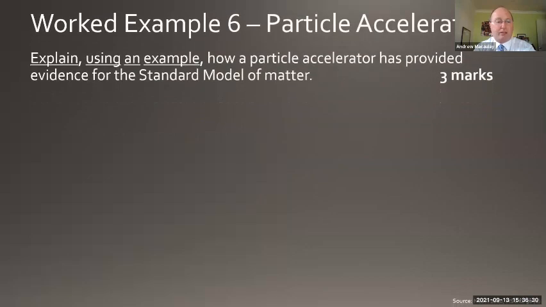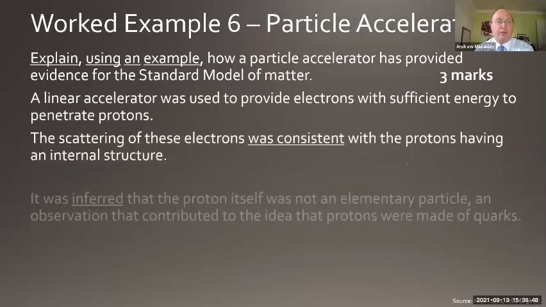And our last one for this afternoon, worked example 6, says explain using an example how a particle accelerator has provided evidence for the standard model of matter. And again, this is from the HSC question from 2020. So here's the solution.